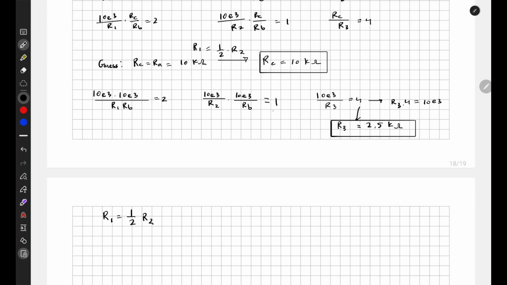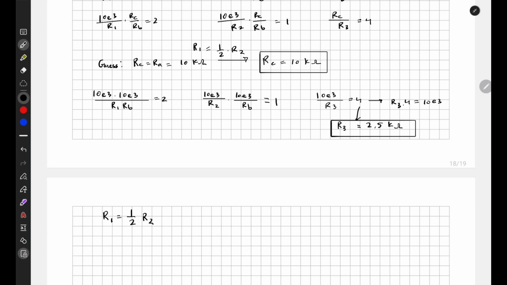Oh, I forgot to write this is equal to 1. Okay, the only difference here and here is that the one contains R1, the other contains R2. So that means that R1 is equal to 1/2 times R2.